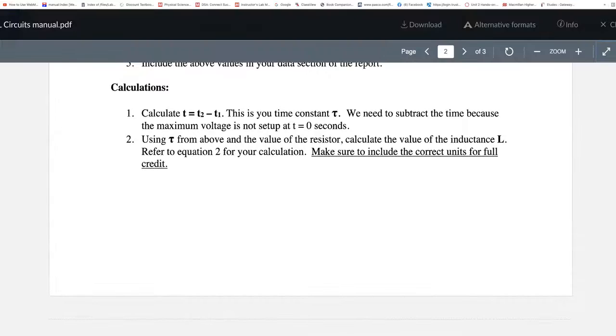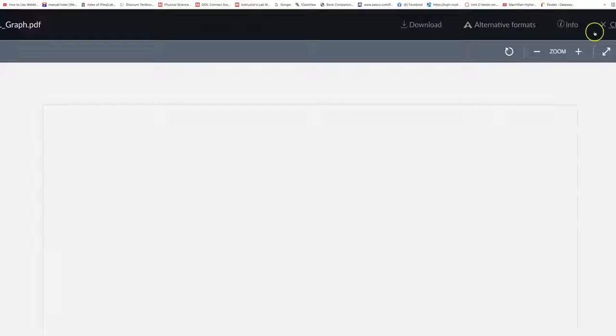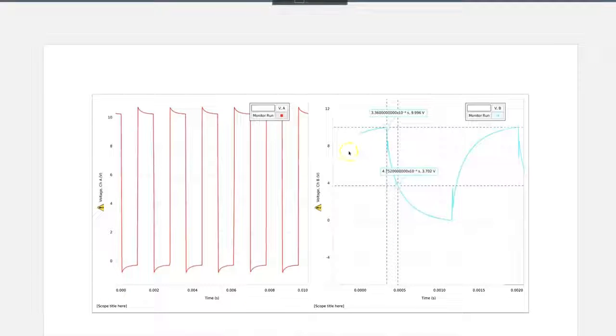Let me share with you what we are going to do with the graph. You can see we did most of the work for you. This is our input, a square wave, and this is the measured voltage.